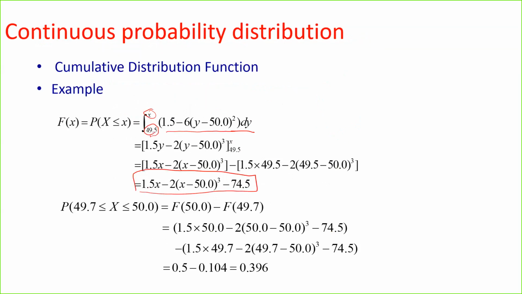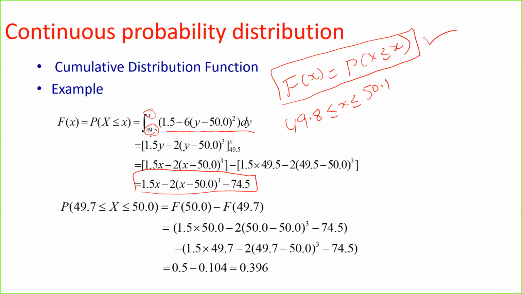A question to you now. Suppose capital F of x is given to you, which is the probability of X less than or equal to x. Given this cumulative distribution function, can you answer this question: what is the probability that x is in between 49.8 and 50.1? How do you solve this using the cumulative distribution function?